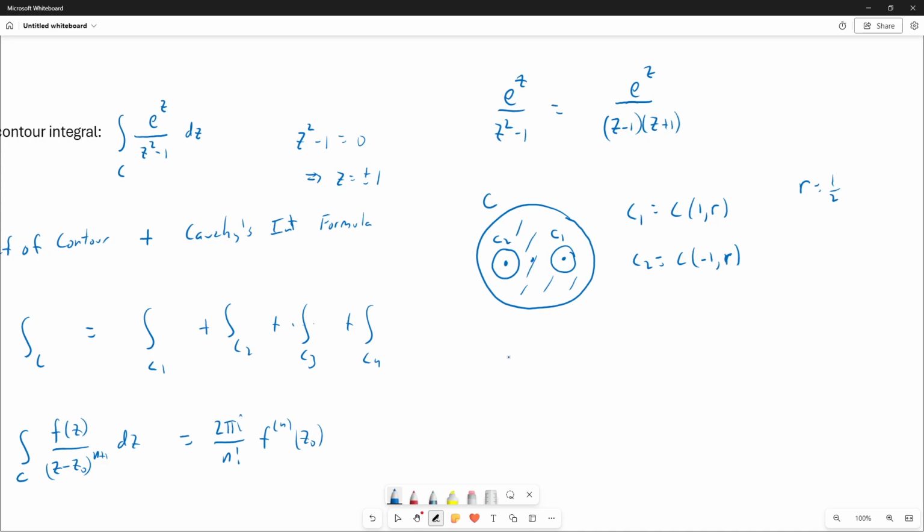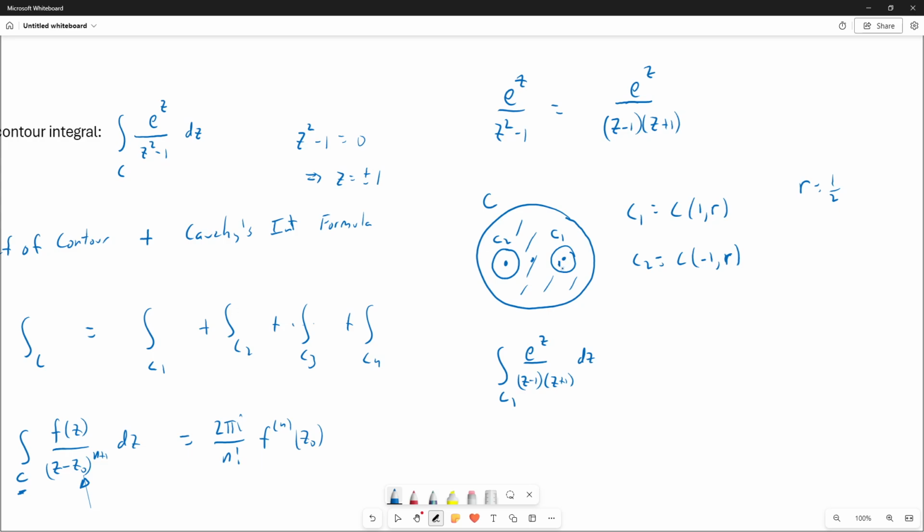Okay, so let's calculate the integral around C1 of e to the z over z minus 1 times z plus 1 dz using Cauchy's integral formula. So the number 1 is inside, so the Cauchy's integral formula has z minus z0 here, where z0 is a point inside of the simple closed curve.